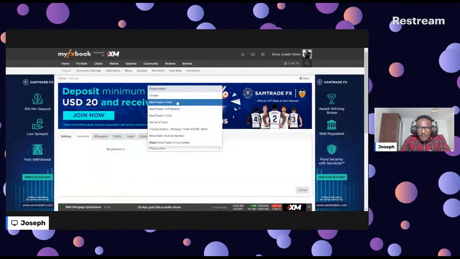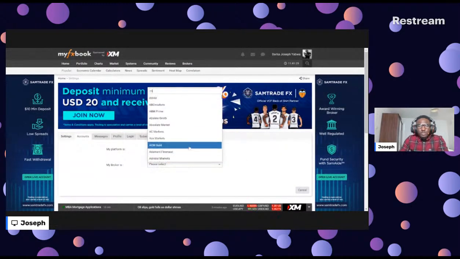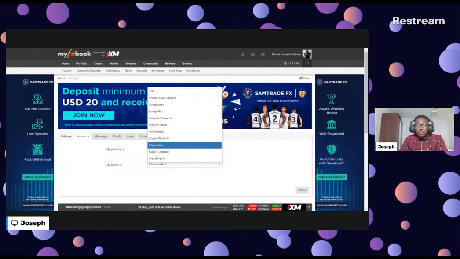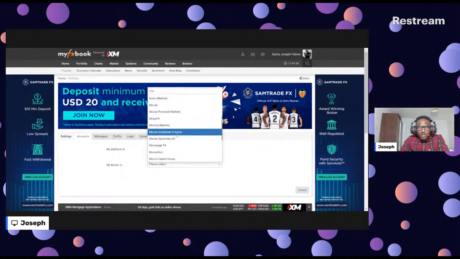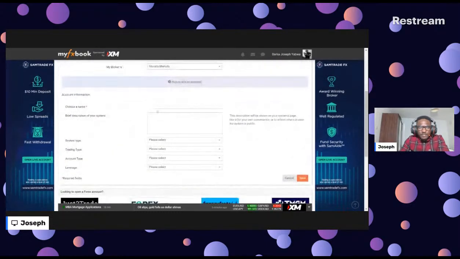We're going to use the MetaTrader 4 publisher and broker. It's going to be Monitor Markets, and choose the name. We're just going to call this one live trading. Now a lot of people are just here for the actual trading itself, but guys, we're going to get to it in about 20 minutes.